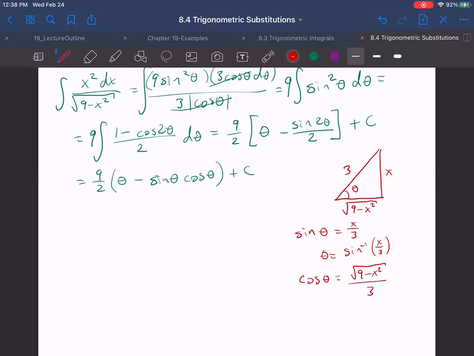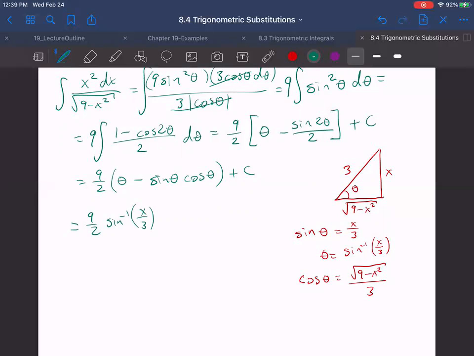So now we have all three of those things, and we can go in and do our final substitution back over here. We got 9 over 2 times arc sine of x over 3.